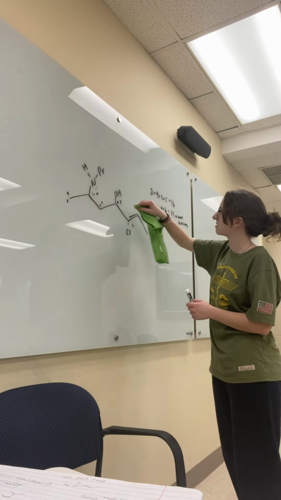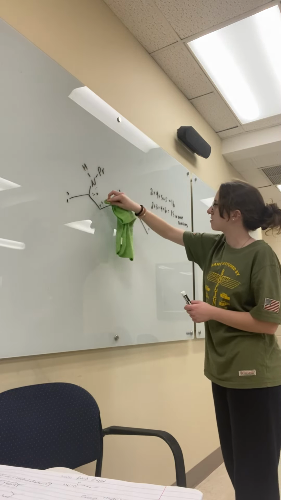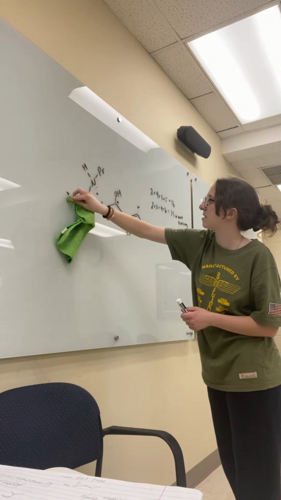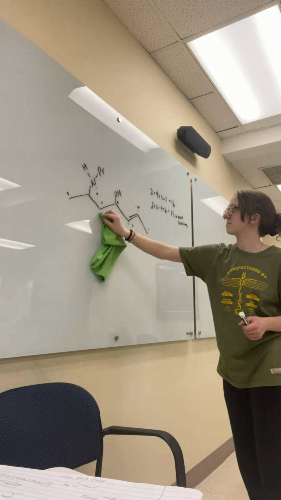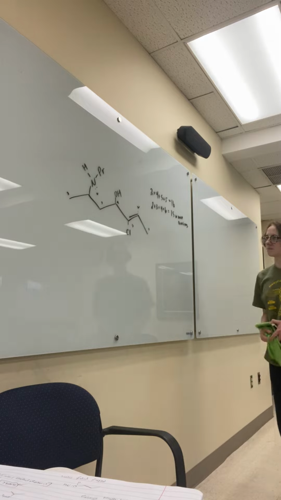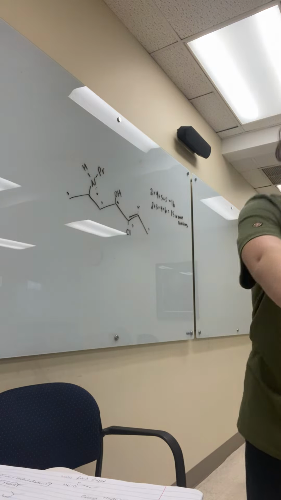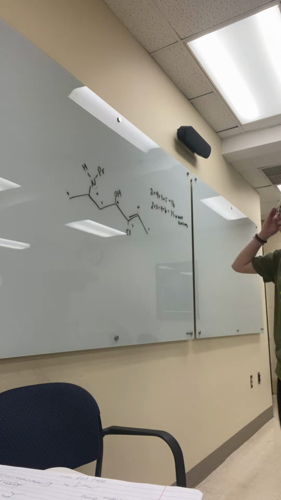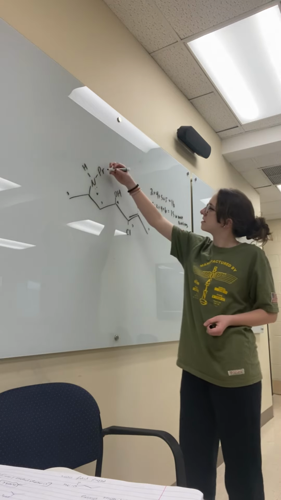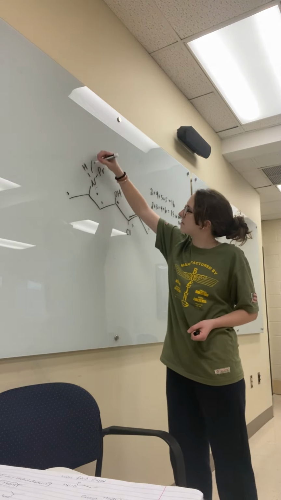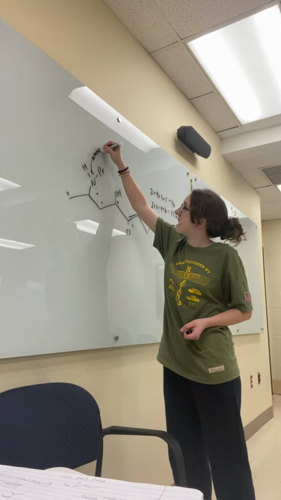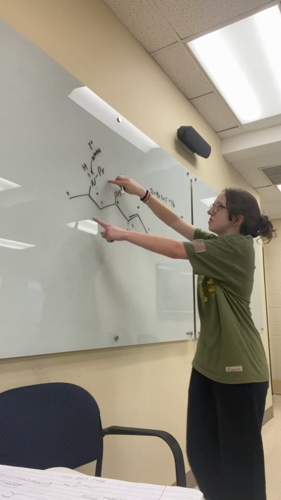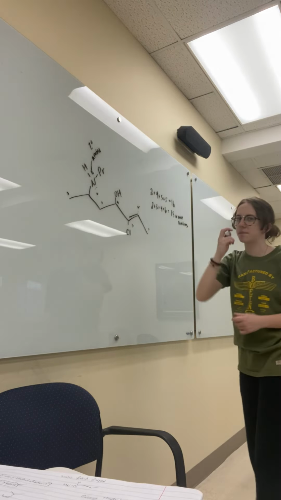So I'm just gonna erase, there's 4, 5, 6, 7. So this is how I'm naming it. Right here, we have our amine, and it's a secondary amine because it's bonded to 2 carbons.